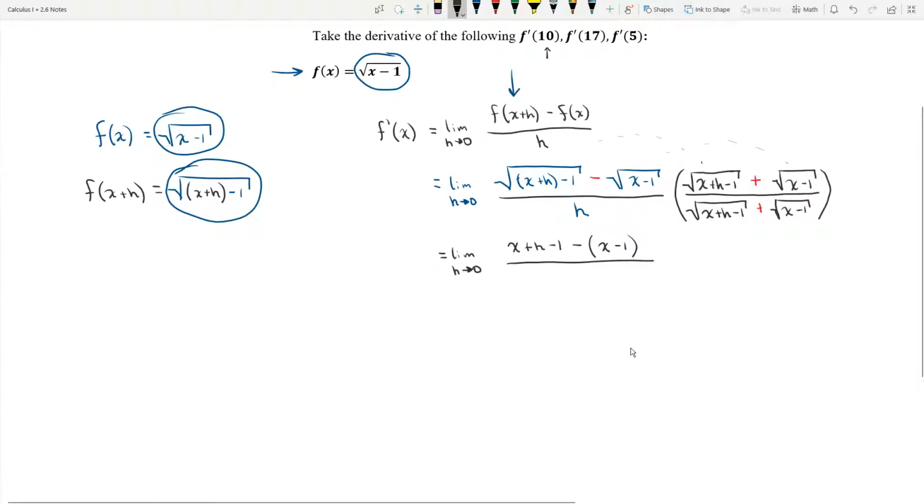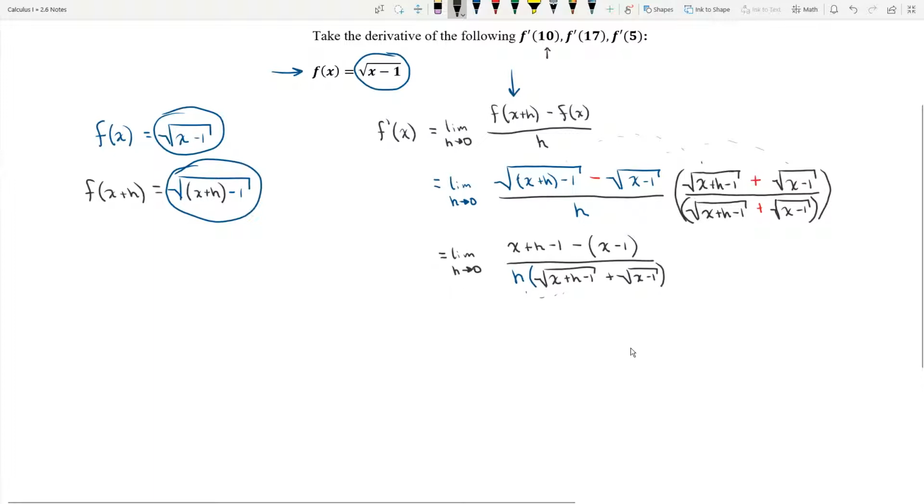And then we can just simply move the denominator over so that we have h multiplied by the square root of x plus h minus 1 plus the square root of x minus 1. And we don't carry the h through.